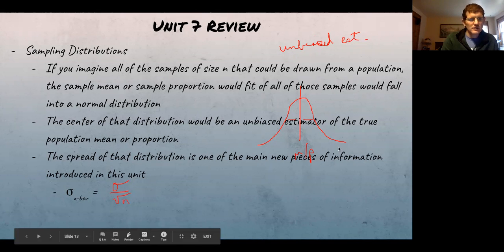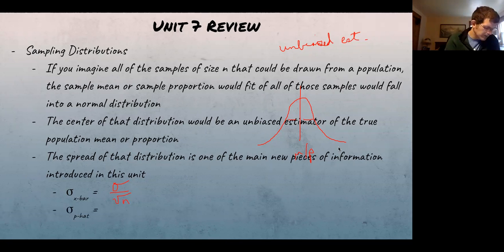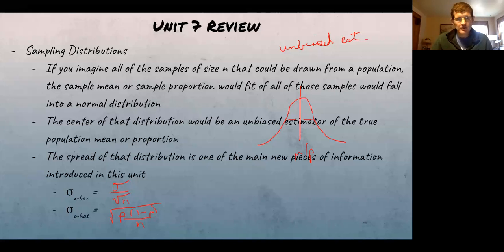The standard deviation for p hat, which would be the sampling distribution of sample proportions, is going to be the square root of p times 1 minus p all over n. Again, that should look very familiar because you've used that formula quite a bit, but it was introduced here.